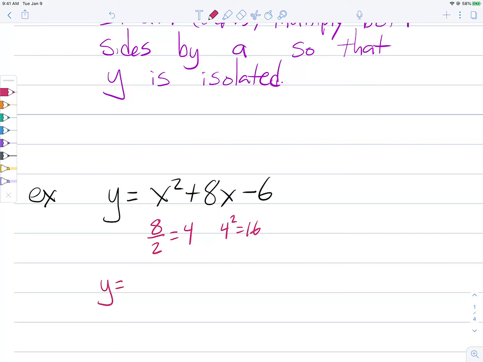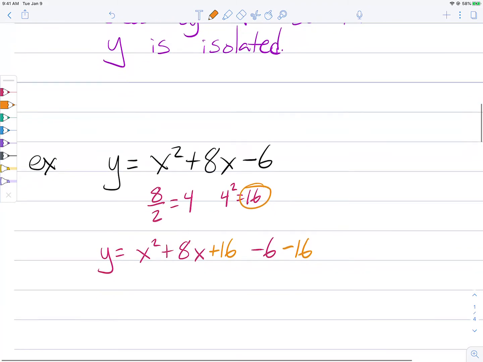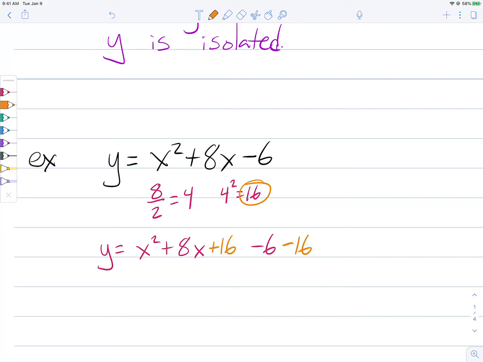Now here's where the new part comes in. I'm going to separate our original problem with a little bit of space. We're going to take this 16 and add it to the first 2 terms and subtract it from the last term. So essentially those 16s aren't there because 16 minus 16 is 0.